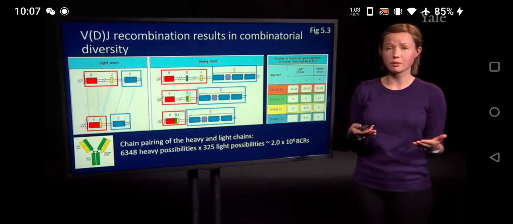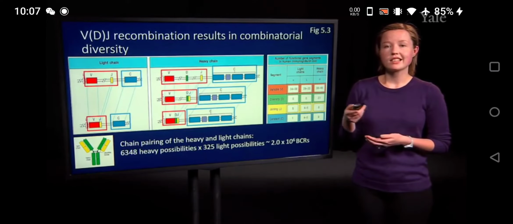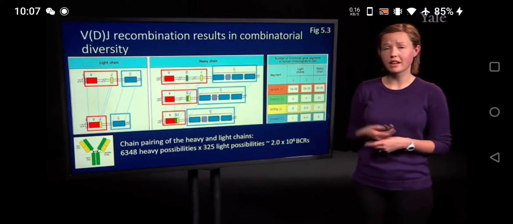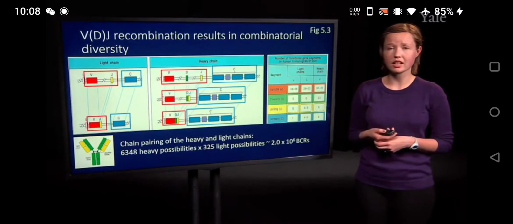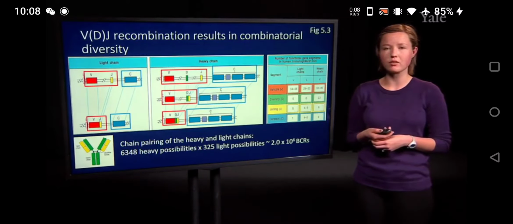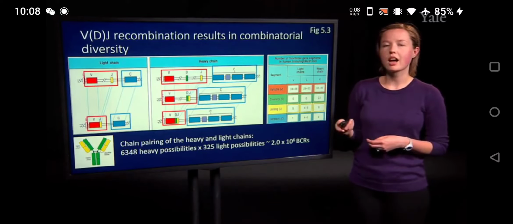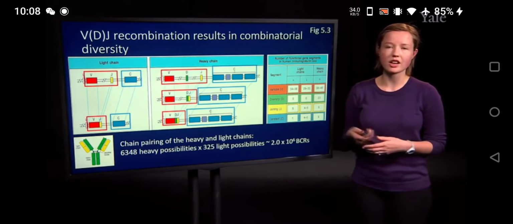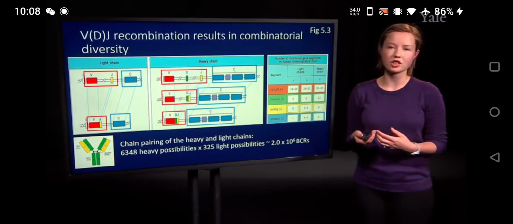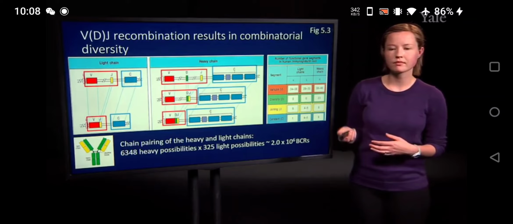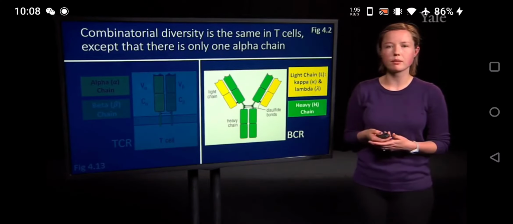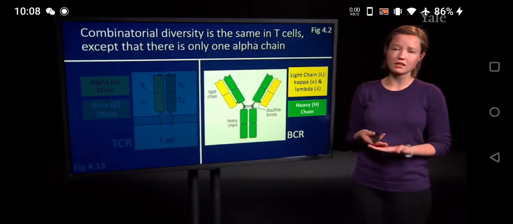And we will talk later on in the lecture about how there are actually additional mechanisms to help generate diversity in addition to this combinatorial diversity that is accomplished by picking up 1 V, 1 D, and 1 J for the heavy chain, and 1 V and 1 J for the light chain. And here's our B-cell receptor, just to remind you of some of the potential differences between B-cell receptor formation and T-cell receptor formation.